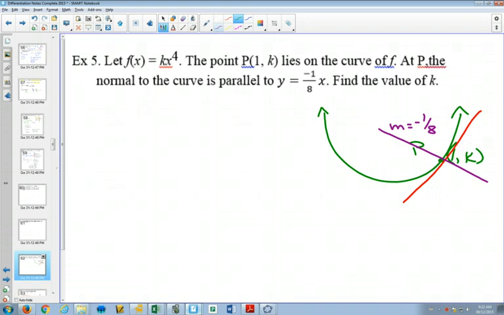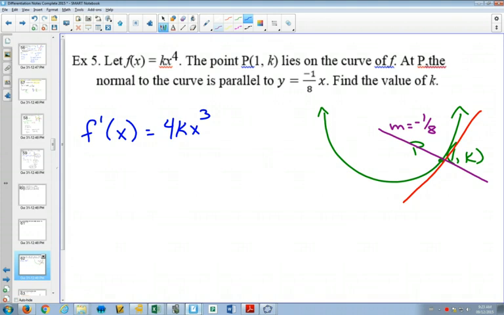normally we would start by taking the derivative. Now, if we took the derivative in this case, the 4 would come out in front. It would get multiplied by whatever k is, and you'd get 4kx cubed. Then the next step that we would do is we would plug in our x value to find the slope.